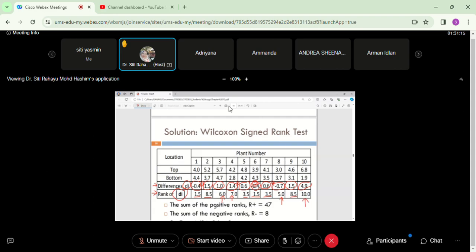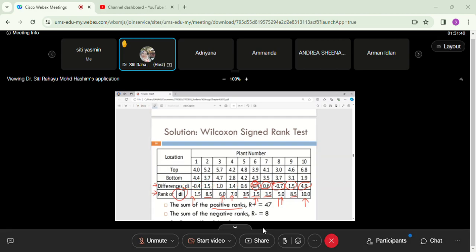Now, the sum of the positive ranks. Kita tengok negative rank lah paling senang. Negative rank adalah di sini 0. The ranking dia, mana lagi negative? This one. And then 0.7, right? Sekejap, saya delete lah supaya kamu tak confused tengok.